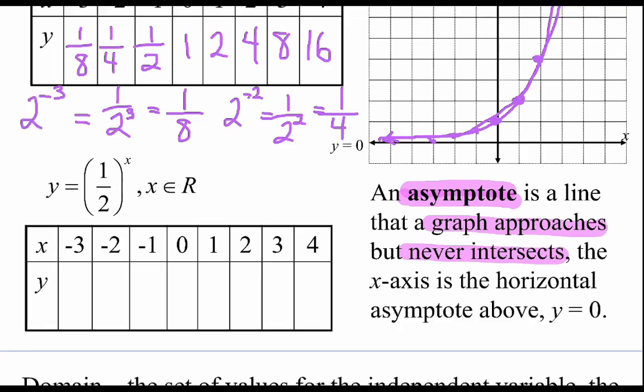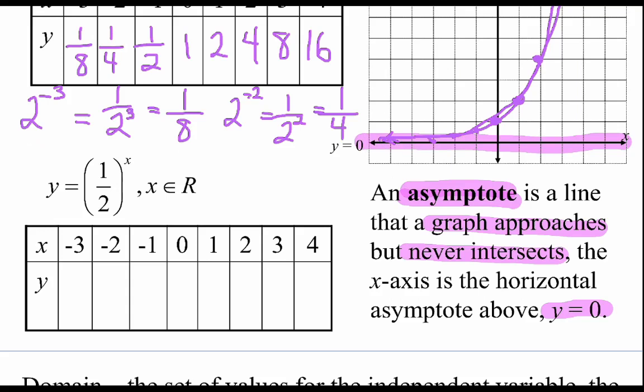Super small decimal, but not going to be 0. So that's what's called an asymptote. And the equation for the asymptote when it is the x-axis is that y is equal to 0, because every point on the x-axis has a y value of 0.